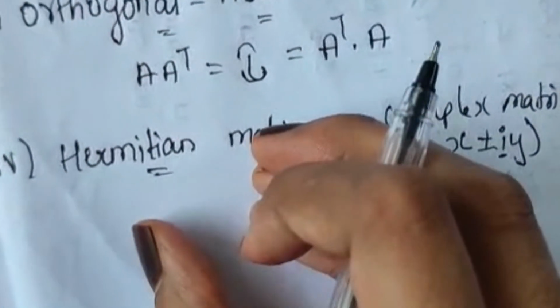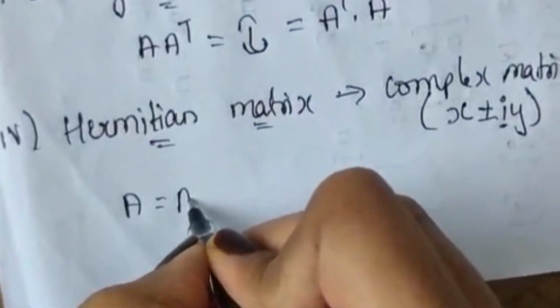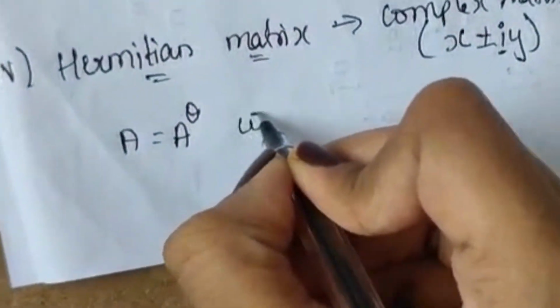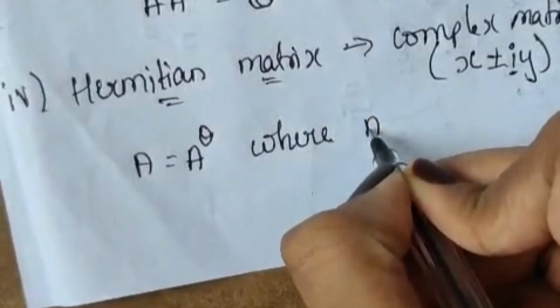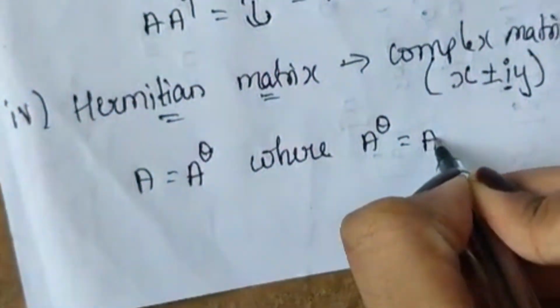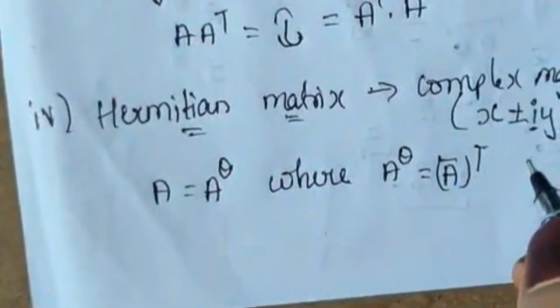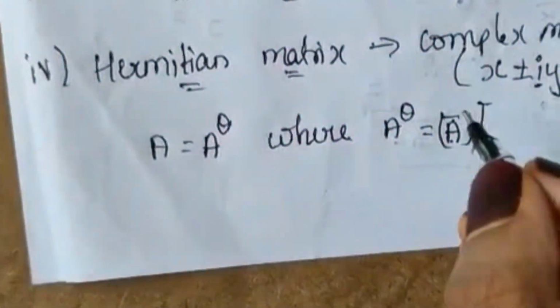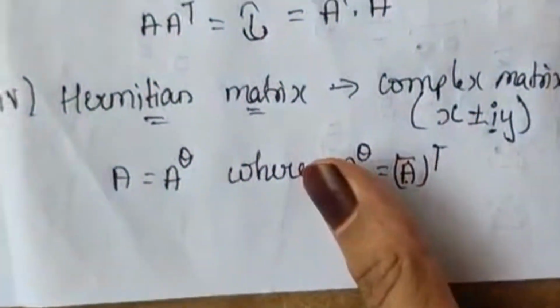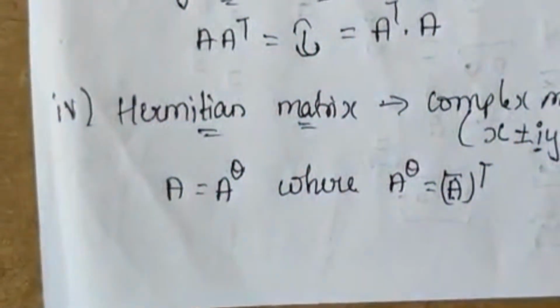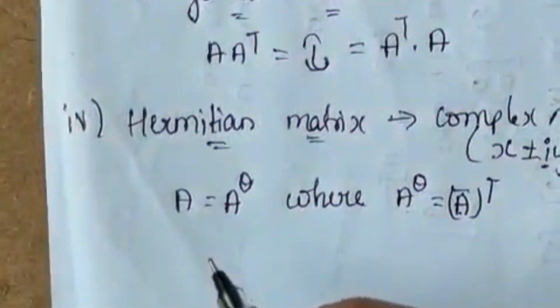A complex matrix is said to be a Hermitian matrix if A is equal to A theta, where A theta is equal to A bar whole transpose. We'll learn all this, A bar, mod A theta, in the next videos while we are doing the example problems.